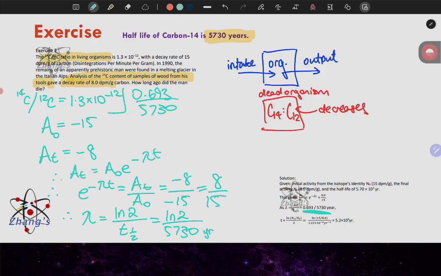Let's just redo this here. This here is my decay constant. I can then substitute that back into my time value here.